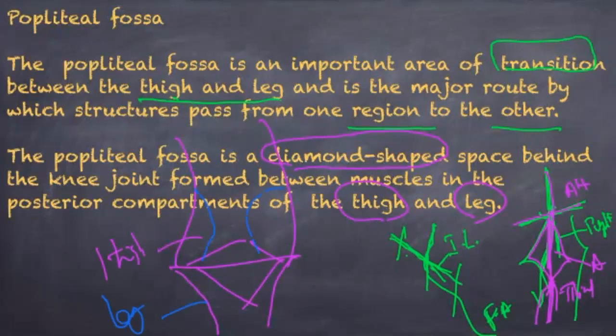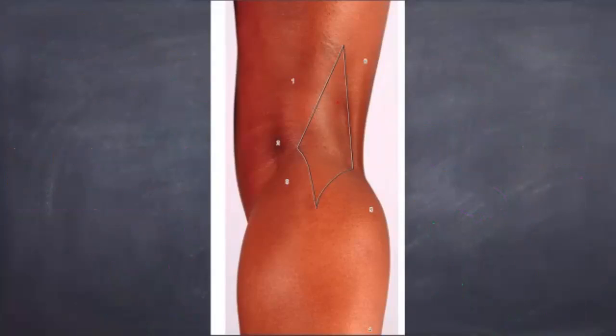So this diamond-shaped space behind the knee joint is known as the popliteal fossa, right?